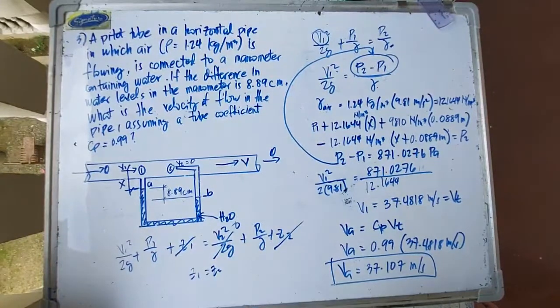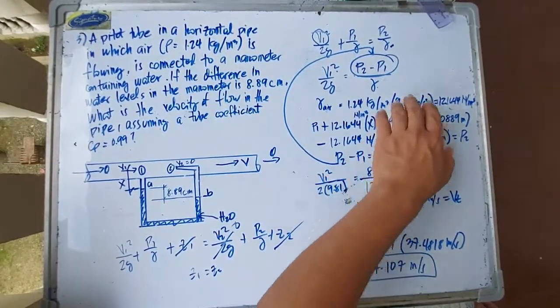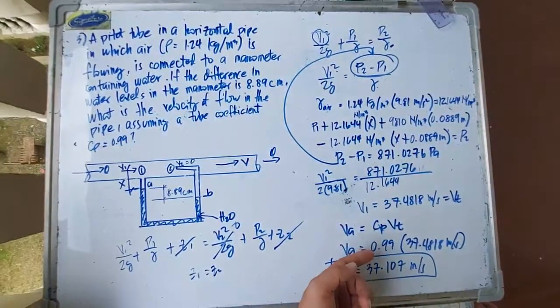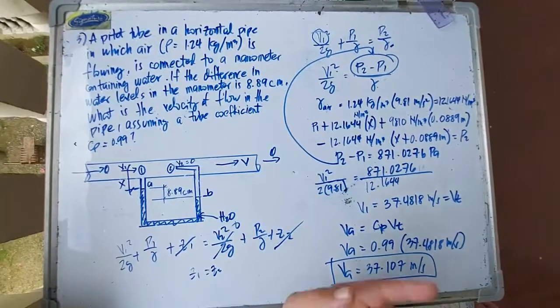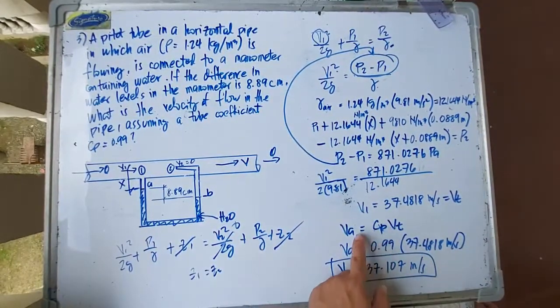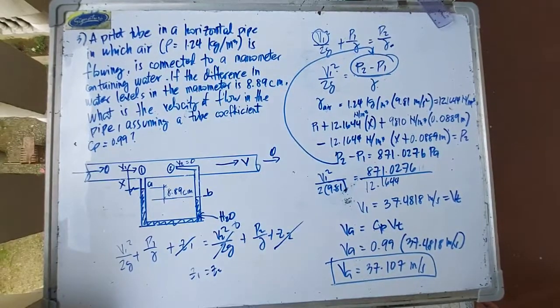After solving for the difference in pressure, you substitute it into our first equation in terms of velocity, and then we can solve for the velocity. If the coefficient of the Pitot tube is given, you multiply it by the theoretical velocity to solve for the actual velocity. So that's how simple solving for velocity using a Pitot tube is.